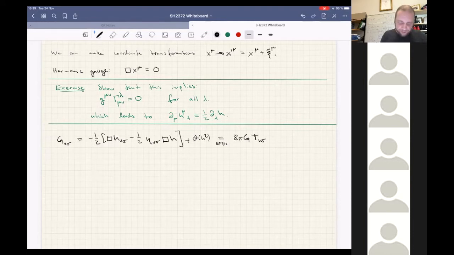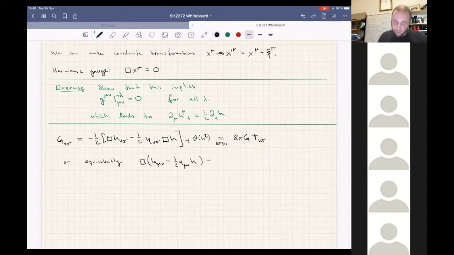Or in other words, if we just do the following, we take the D'Alembertian out, and it acts on h_{mu nu} minus 1/2 eta_{mu nu} h.